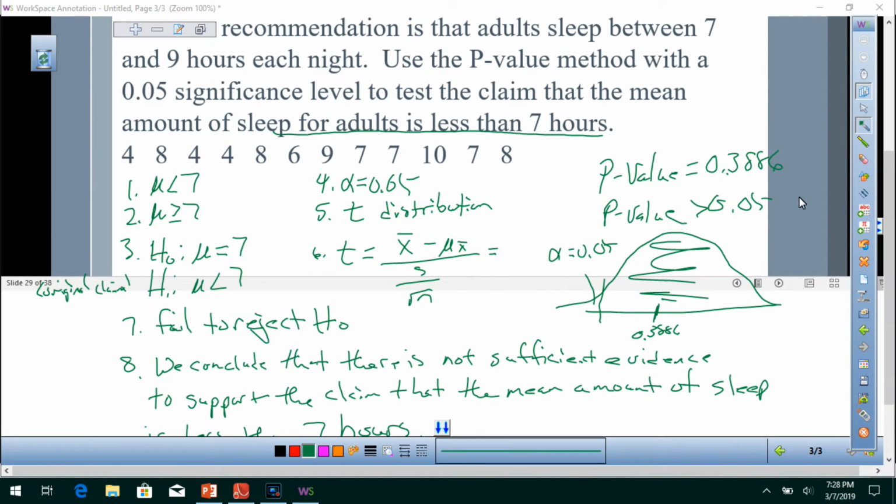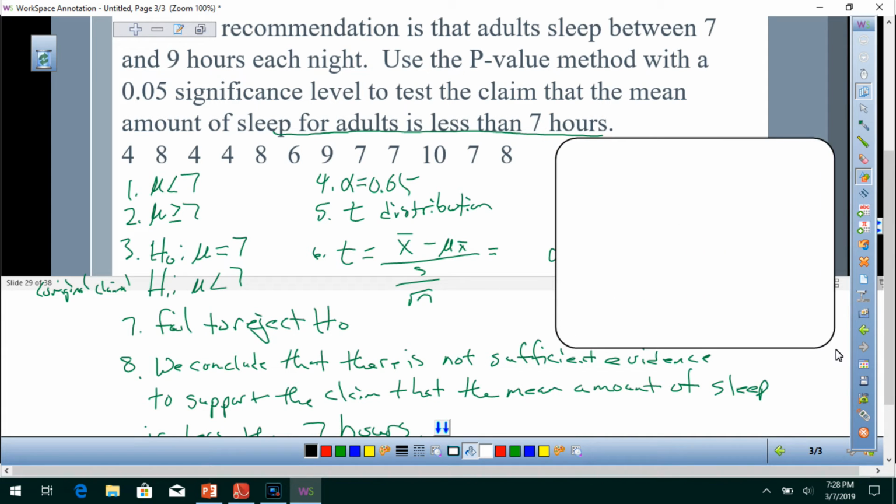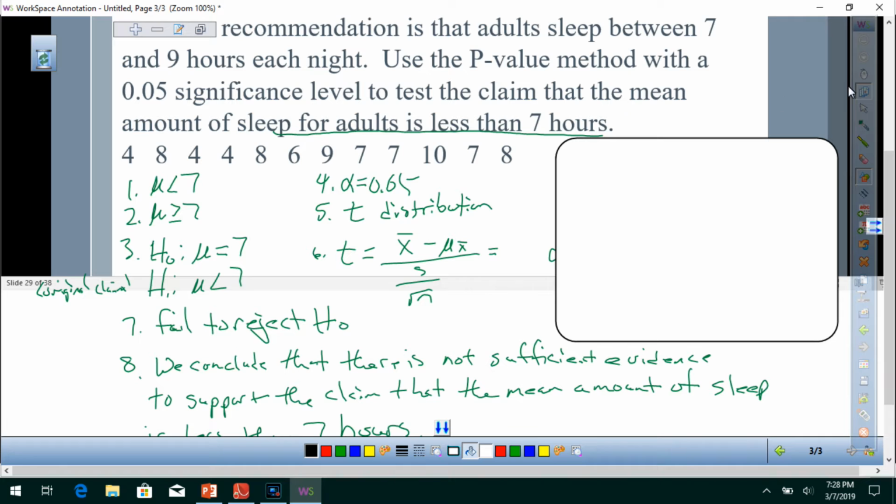What about the critical value method? Let me put a little thing right here, and we'll just cover that up. Okay, and we'll do the critical value method.